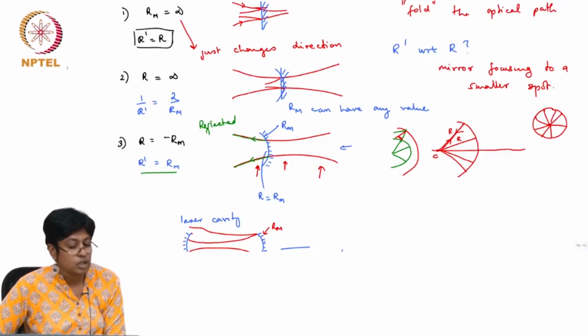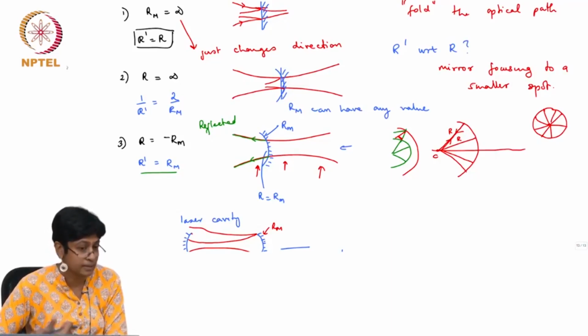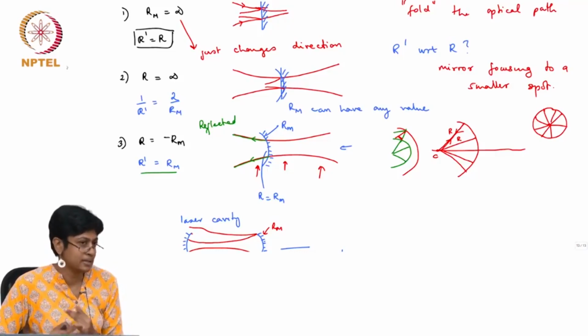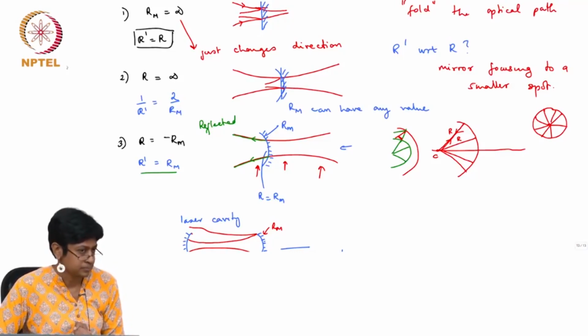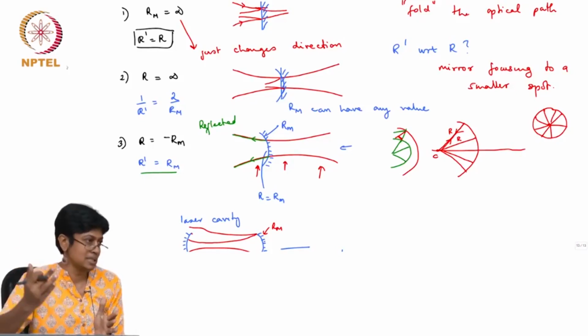Okay. So we have understood how the phase of a Gaussian beam is affected by an optical element, and when I say optical element, at this stage we mean either a lens or a mirror. But you can go a step further.